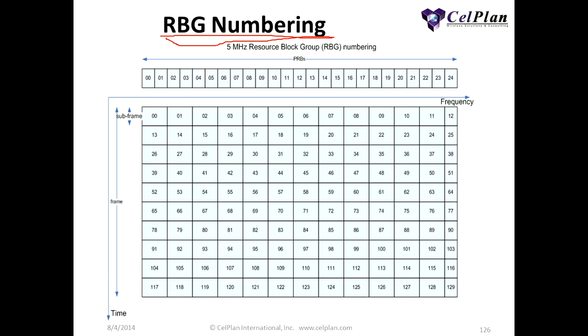Resource block groups are numbered, and you number them by subframe from right to left. Some resource block groups are smaller, the end ones, and you can number them on a per frame basis. Okay, so 0 up to 129, 130 resource block groups. But remember that inside here you have reference signals. In some of them you will have the PSS, the MIB, and so on.